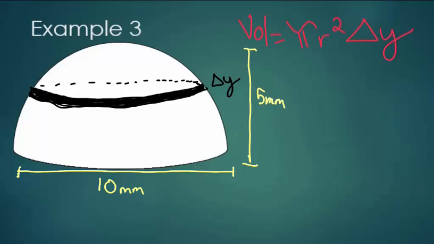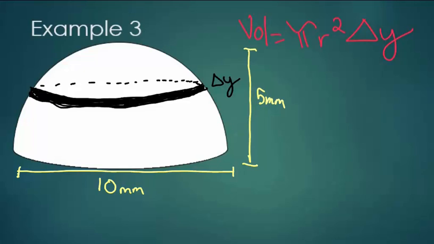Because this is a hemisphere, from the center of this sphere to any point on the perimeter of the sphere is going to be 5 millimeters in length.